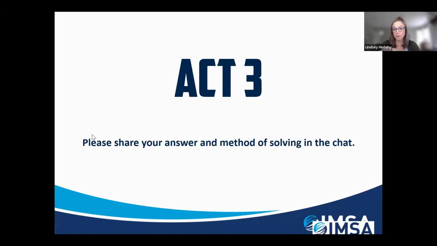Okay, now if we were in person doing this, I would do it by groups and have groups with the chart paper and showing each of the different ways that they solved this problem, just for how you would expect this virtual versus in person. So not as good of a visual in terms of the PD here, but if you would go ahead and share what you got and then how you solved it.